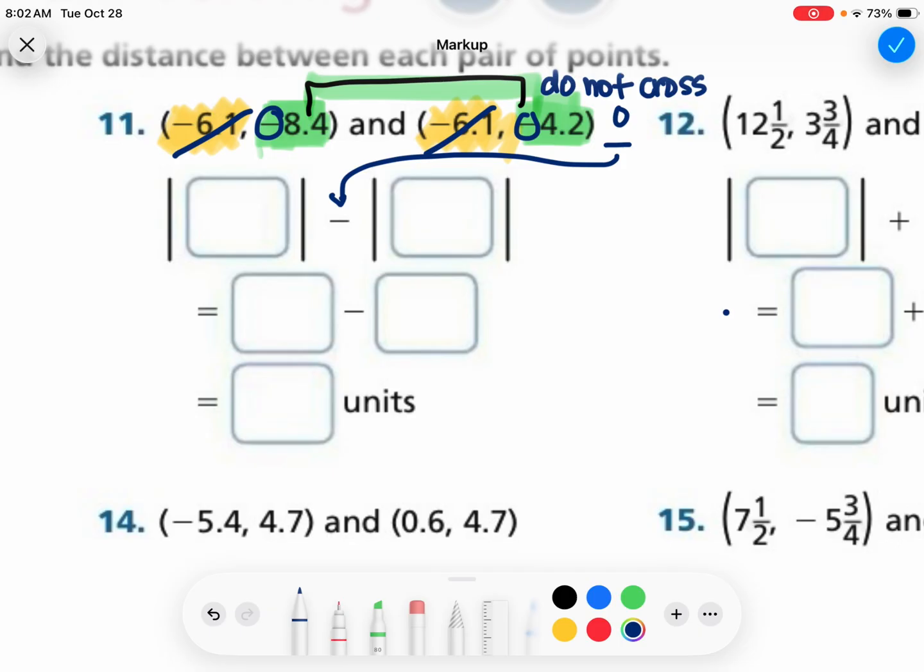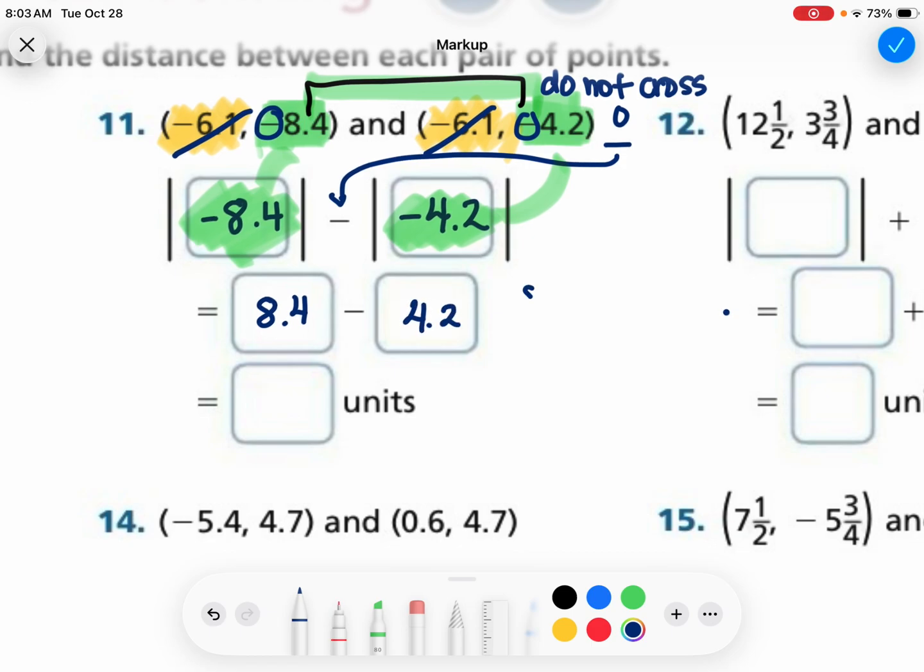So you do the absolute value of negative 8.4 minus the absolute value of negative 4.2. Again, these are your green values from here. Well, the absolute value of negative 8.4 is 8.4, because how far is negative 8.4 from 0? 8.4 units. How far is negative 4.2 from 0? 4.2 units.